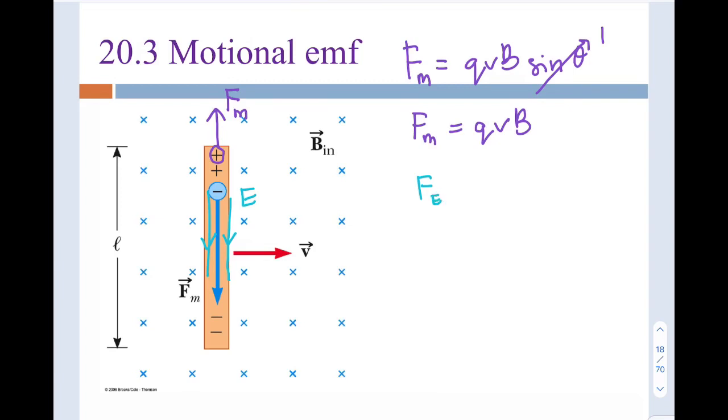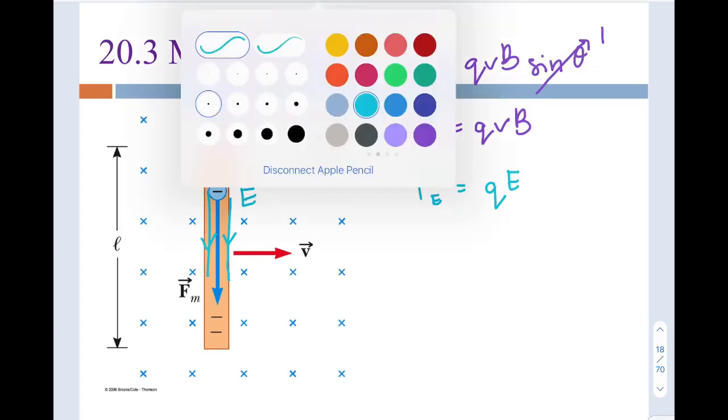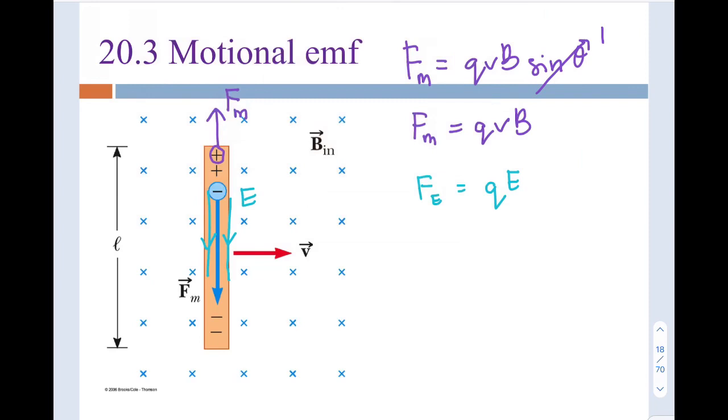F due to the electric field is equivalent to QE. And which direction is it? For the electron, it is going to be in the opposite direction to the E. So the electron is going to experience a force upward, due to the electric field.